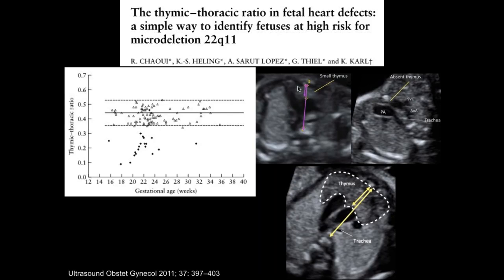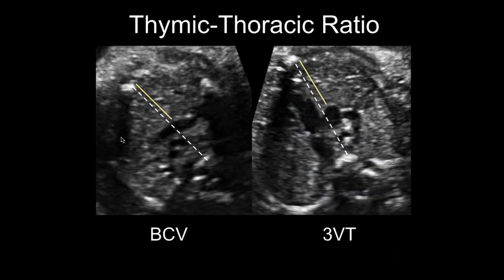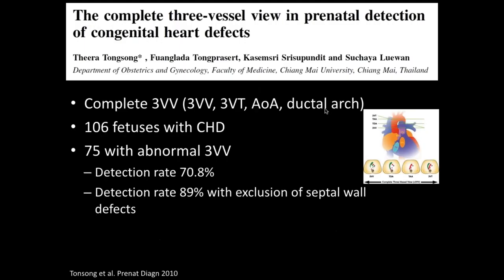Babies who have small thymus glands, because of DiGeorge syndrome or other things, will have abnormalities in that ratio, as you see here. It is very helpful. We also use the brachiocephalic ratio. We developed this internally here, because the brachiocephalic vein is more constant in those babies than the aorta, since there may be conotruncal anomalies associated with that, and the aorta may look abnormal and be difficult to measure.